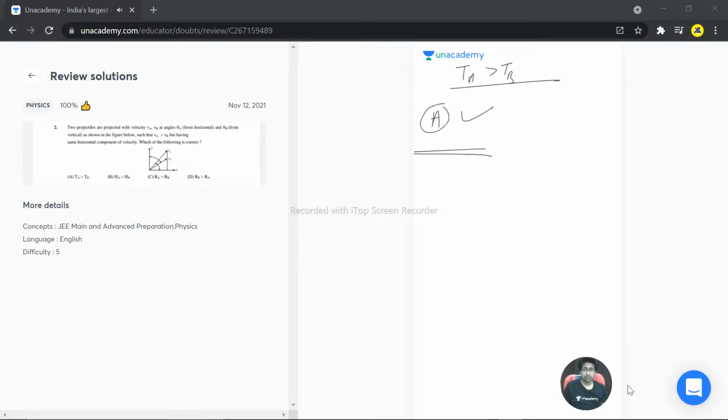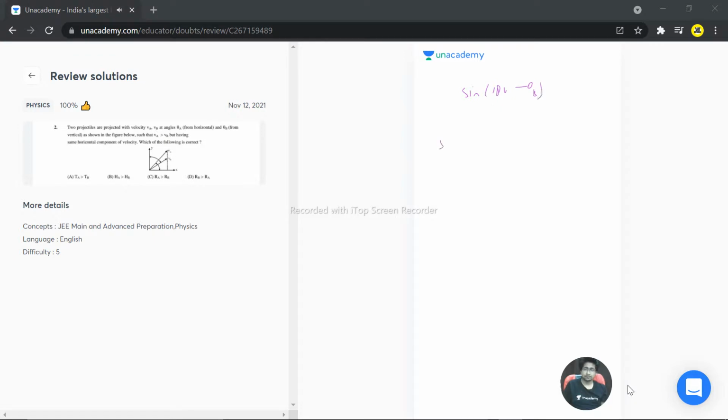Let me check the next option, that is range. It is 2 by g times ux uy, or we can simply say V square by g sine 2 theta. Sine 2 theta A for A, and for B it is VB square by g and sine of twice of 90 minus theta B. We can write this as VB square by g sine of 180 minus theta B. What is sine of 180 minus theta B?